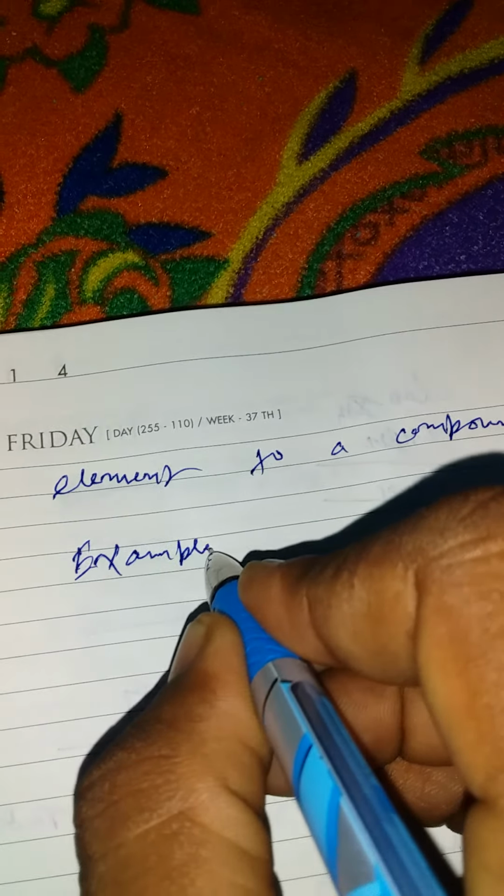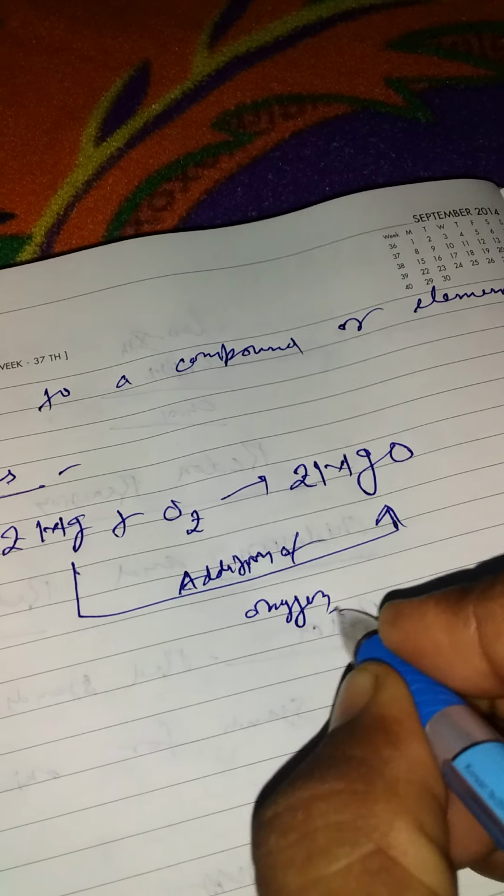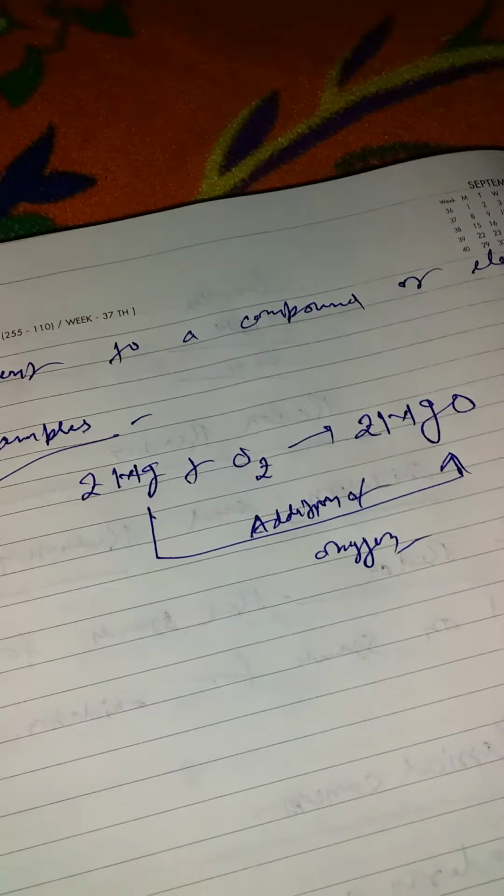Here we see that Mg converts into MgO, that means addition of oxygen. That's why we can say that magnesium is oxidized.